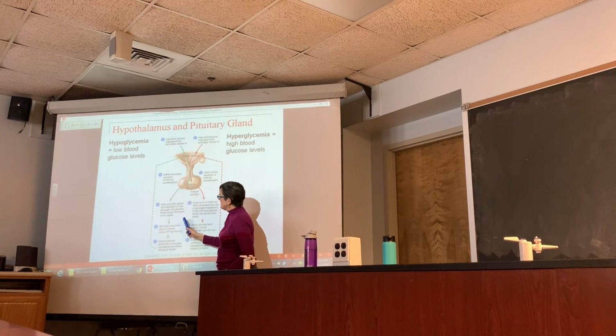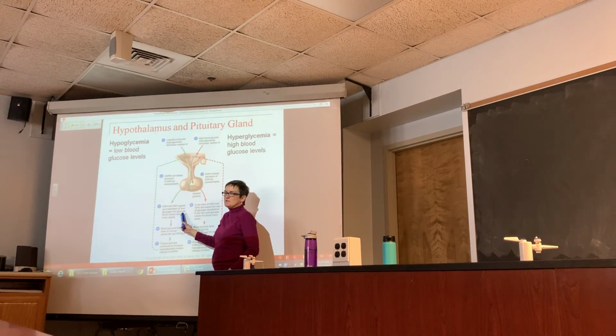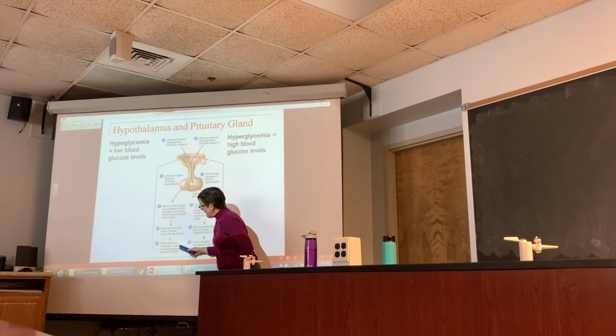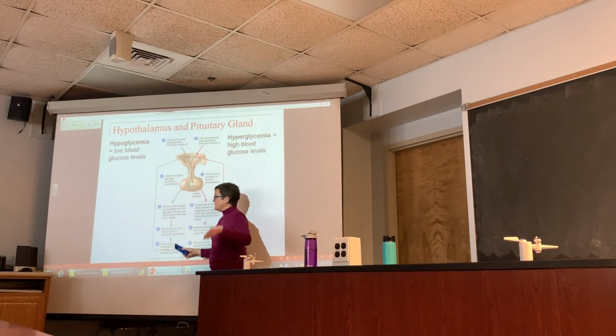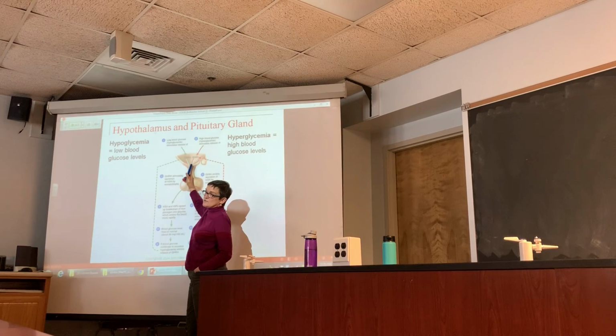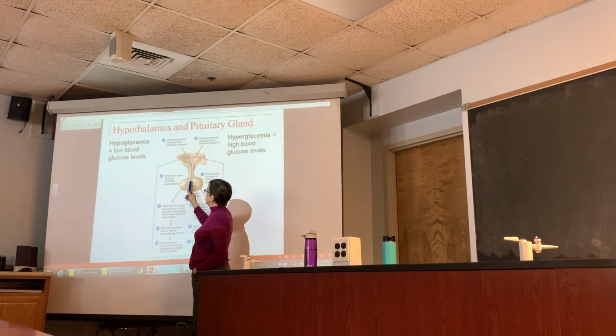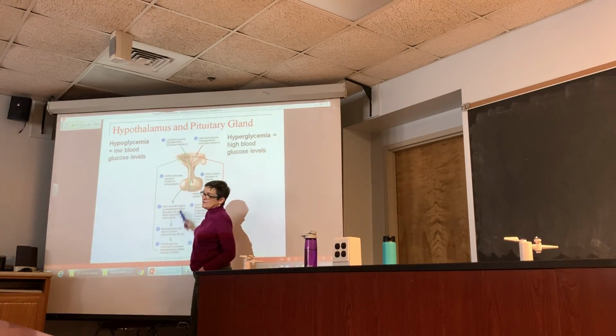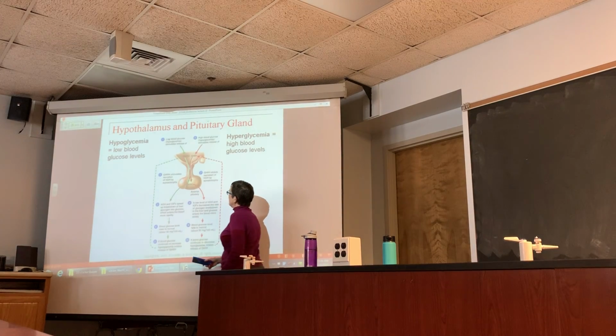These two hormones then stimulate the liver to break down glycogen, releasing glucose, bringing your glucose levels back to normal. And once you're back to normal, or you go above normal, there's going to be negative feedback. You're going to stop producing this, which means you're going to stop releasing this.